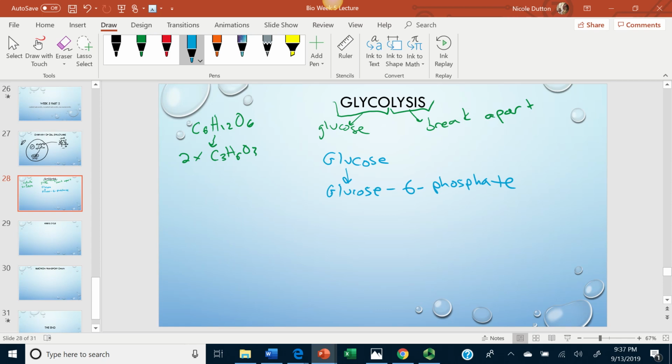So it's going to want to leave the cell as soon as it comes in to equalize the amount of sugar on both sides of the membrane. So to try to trap it in the cell, we convert it to glucose 6-phosphate because look, now it's something new. So when we look at the concentration of glucose in the cell and glucose out of the cell, it's always going to want to come in the cell because when it comes in, it becomes something different. It's no longer just glucose.